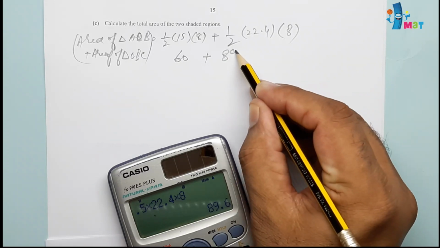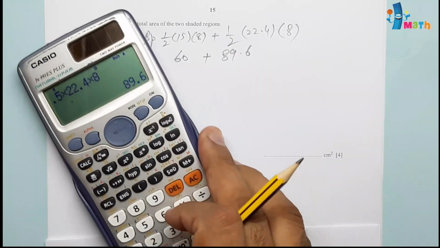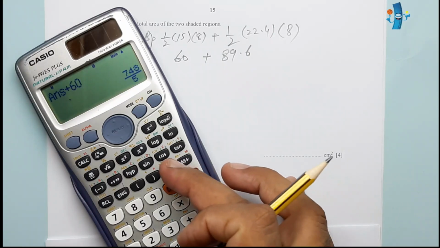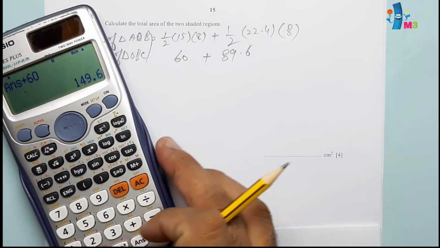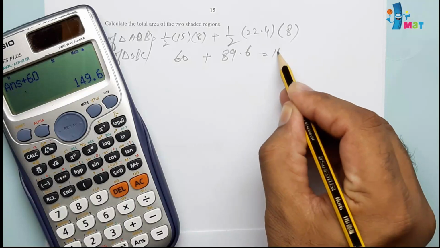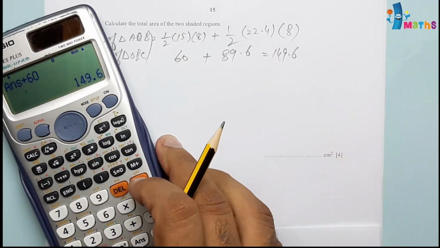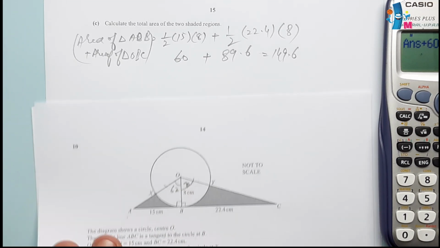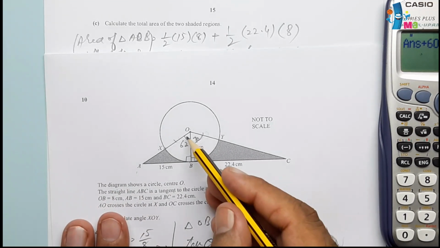So 89.6 plus 60, the total area of both the triangles, will be 149.6. So this is the total area of these two triangles.